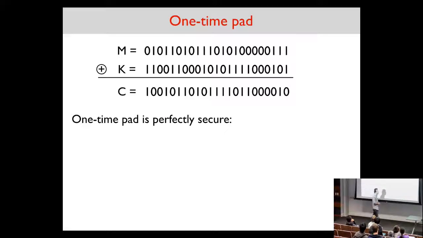And it can be shown in a very precise way that one-time pad is perfectly secure. Of course, you have to define what secure means and what perfectly secure means. But once you do that, you can show that it's perfectly secure. At an intuitive level, let me try to convince you why.